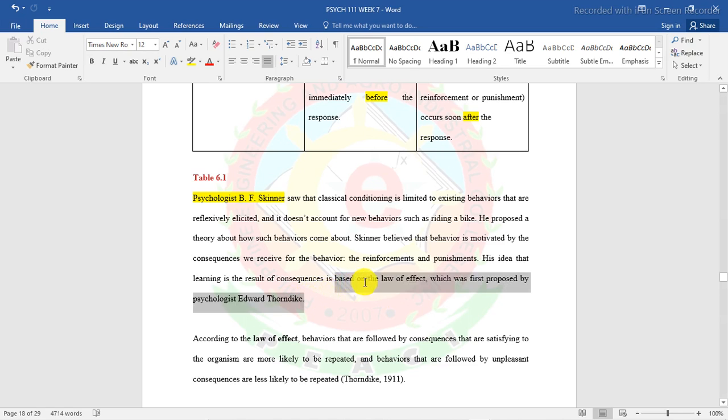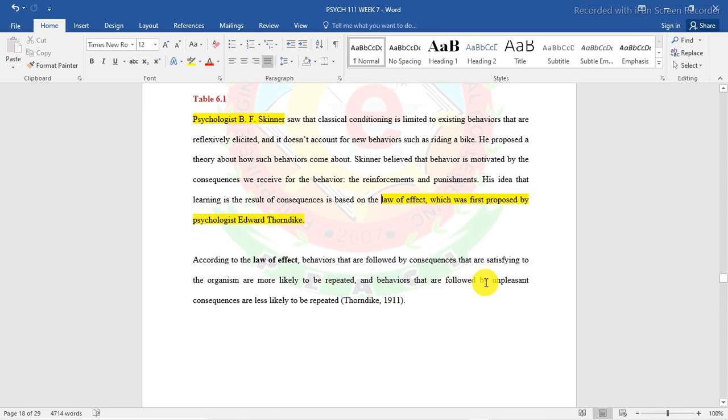So, law of effect, pwede rin siya maging katulad na in every action, there's an equal and opposite reaction. Pwede rin ito, may law of effect talaga. So, kinuha niya to sa psychologist na si Thorndike. So, according to the law of effect, behaviors followed by consequences that are satisfying to the organism are more likely to be repeated, and behaviors that are followed by unpleasant consequences are less likely to be repeated.